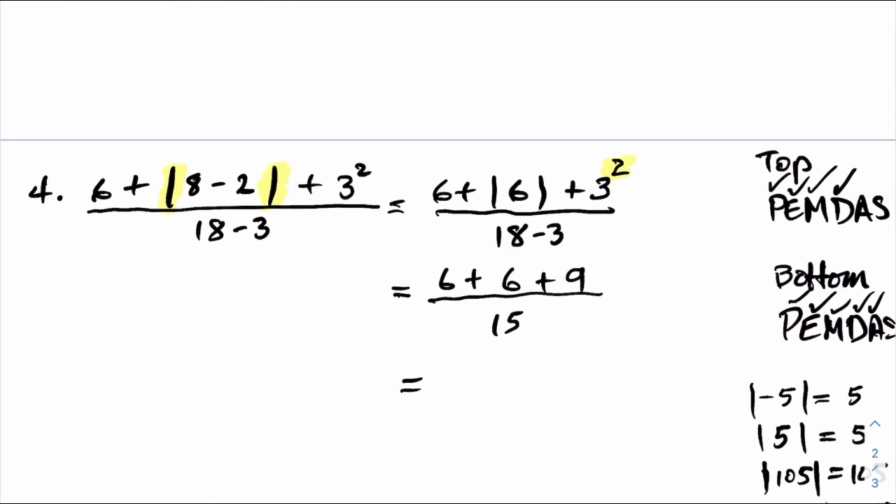At the top we have addition from left to right, so 6 plus 6 is 12, plus 9 is 21. So we have 21 over 15. And there is no subtraction at the top. We did subtraction at the bottom.